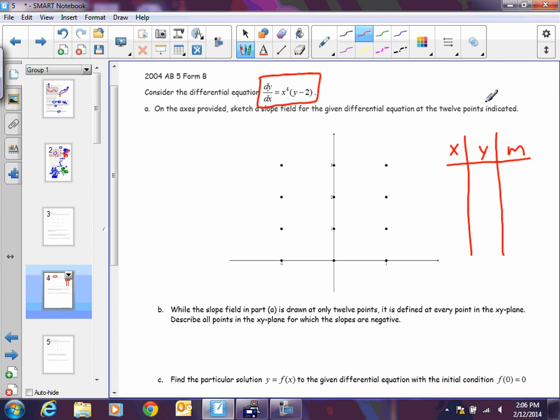Okay, does anybody think they see something that's real predictable? What do you think? If x equals 0, it doesn't even matter what y equals, the slope will be 0. Okay, so we're going to go ahead and do that. Okay, what else?